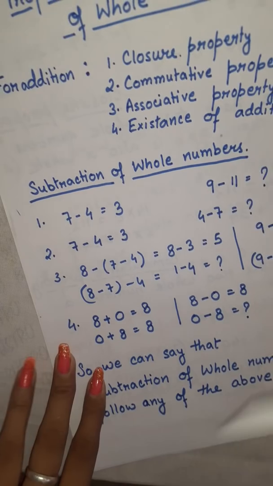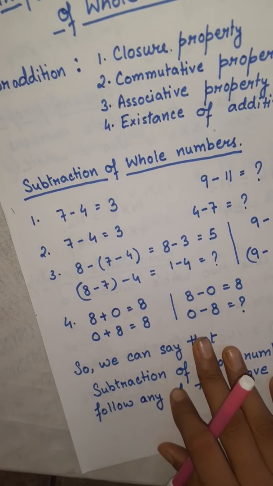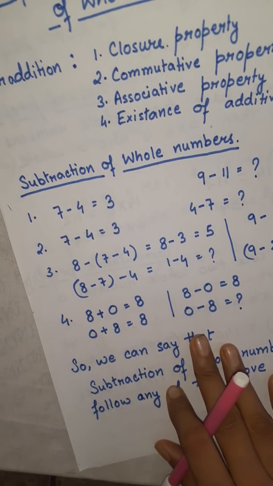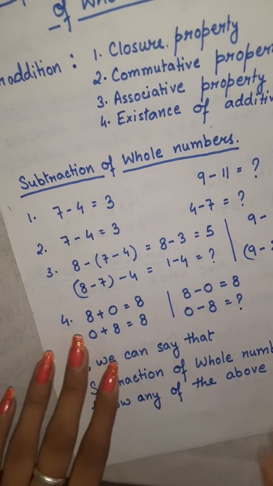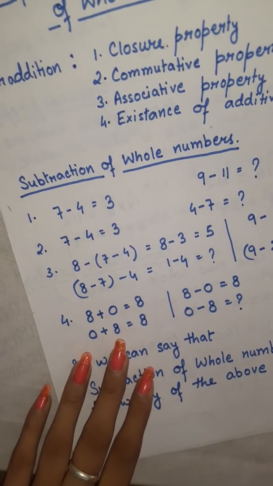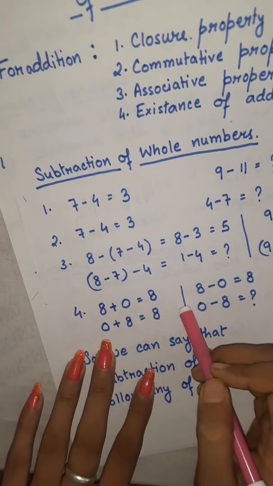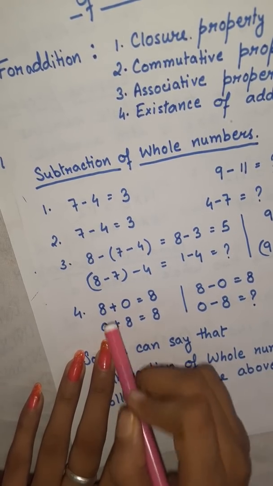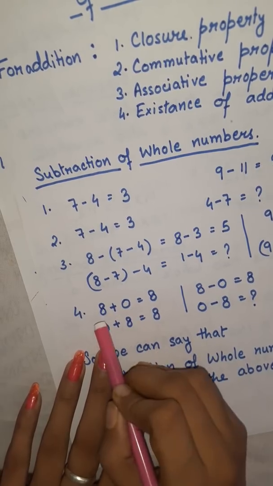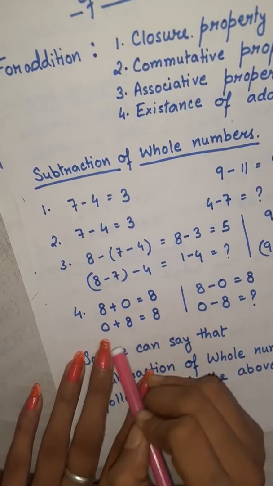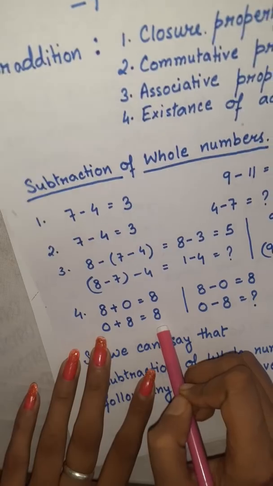Okay. Let us talk about identity. In addition, we have found that there is a whole number 0 which, when added to any other number, will give you the same number irrespective of the order. Correct? If you add 0 to 8, you will get 8. If you add 8 to 0, then also you will get 8.